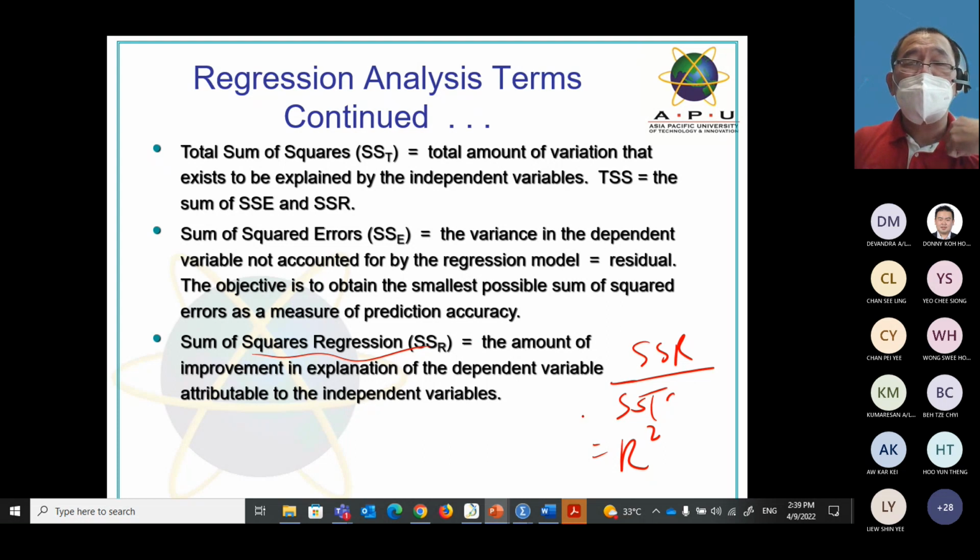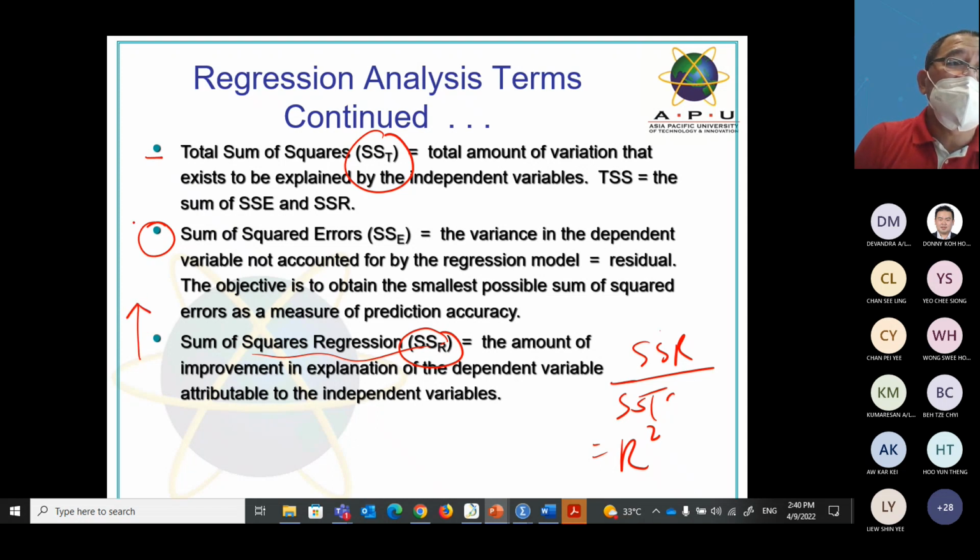This is how you compute R squared: SSR over SST. It is the percentage of variation that can be explained by the independent variables. Sum of squares error is the variation from the error, therefore it's not good. Higher is better for the regression part, lower is better for the error. This is how we compute R squared.